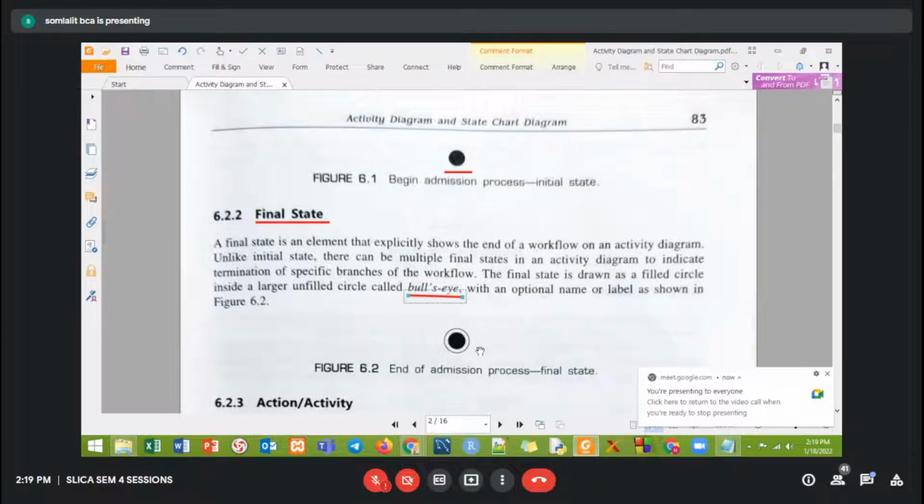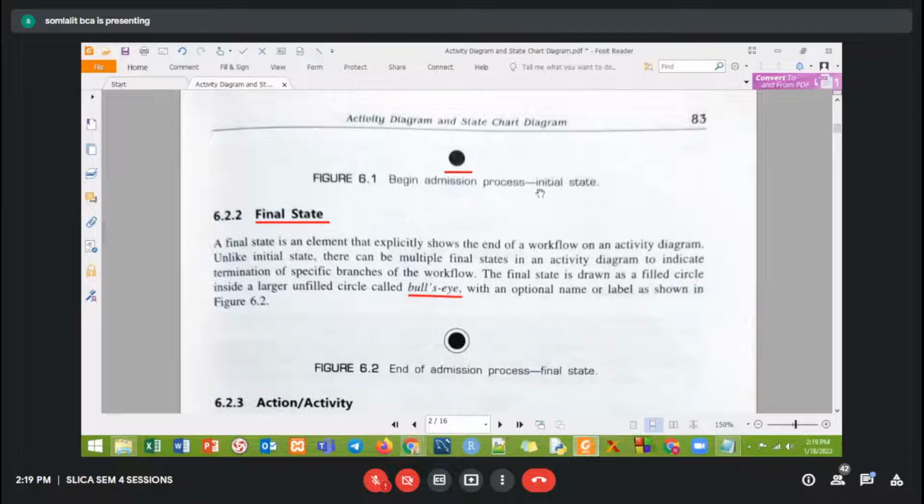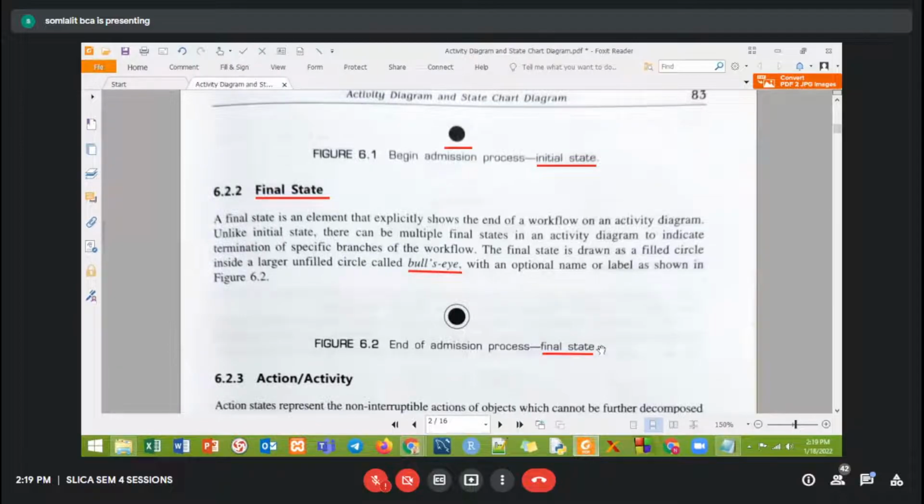So this is the end process or the final state. This is your initial state, the filled circle. This is your final state, the end. Between that, we will have action or activity.